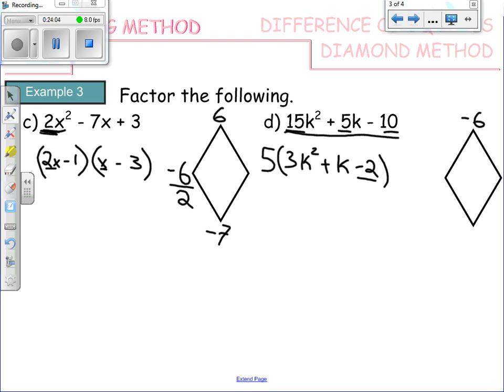What are going to be your side numbers on the diamond? 3 and -2, because we had to multiply to be +6 and add to be -7. The only way you can multiply to get a positive and add to get a negative is if they're both negative numbers.